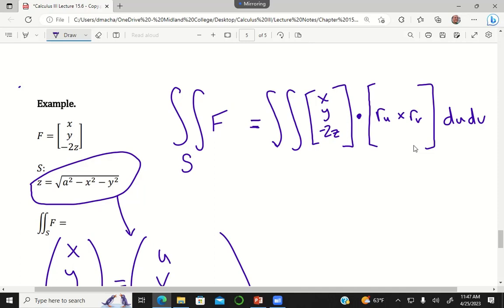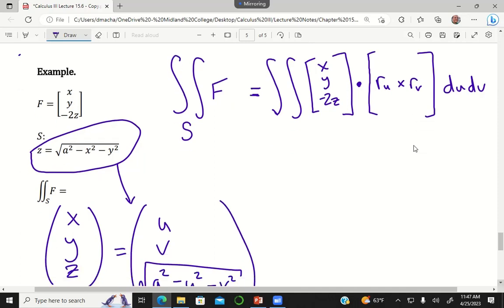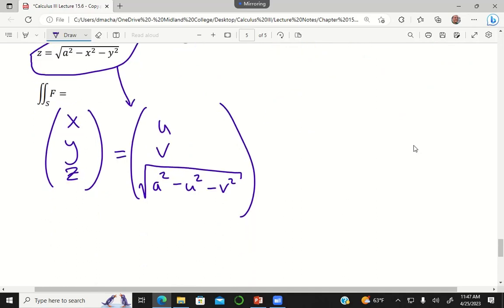So if this is my r, then r_u is the partial with respect to u.